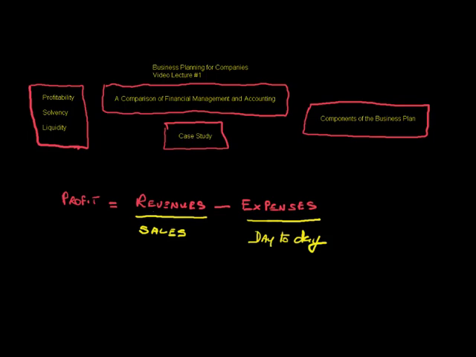But not things like if you buy a machine. If you buy a machine, that's not day-to-day. That's going to last for a few years. So we wouldn't include the cost of buying a machine or any other fixed assets that are going to stay in the business for a long time. So we don't include those.